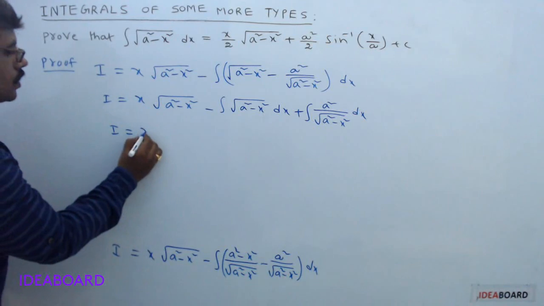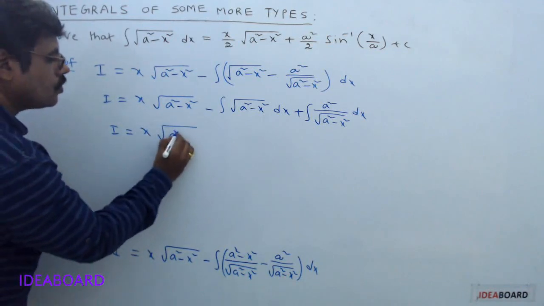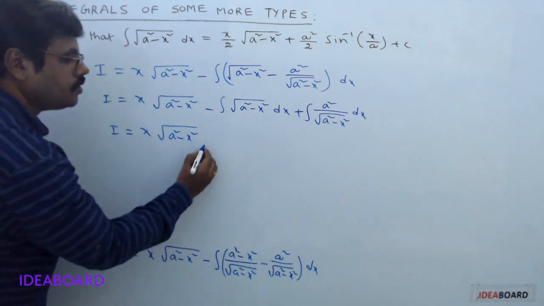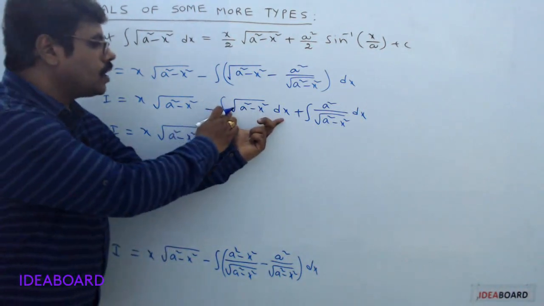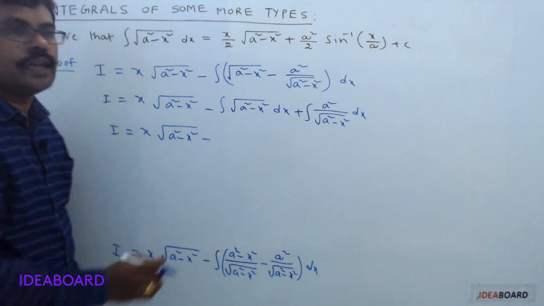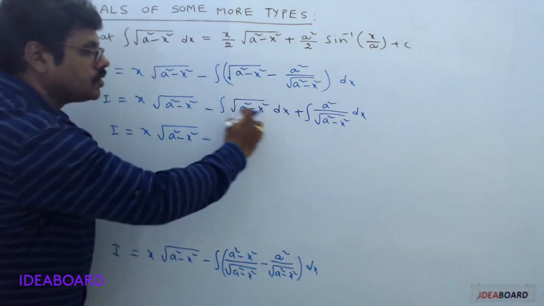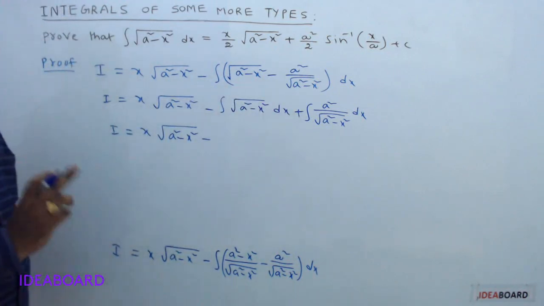Now this is I equal to x into root of a square minus x square minus integral square root of a square minus x square dx. What is its value? This value is nothing but I.